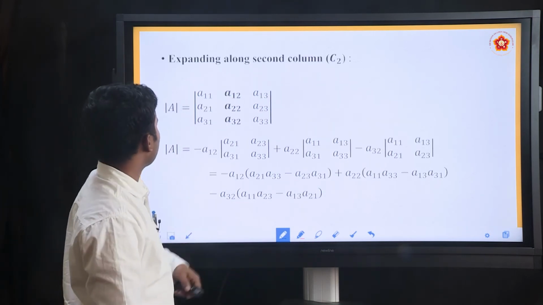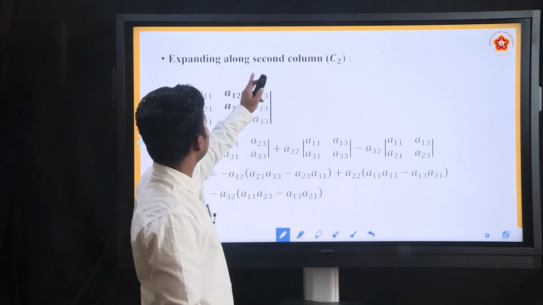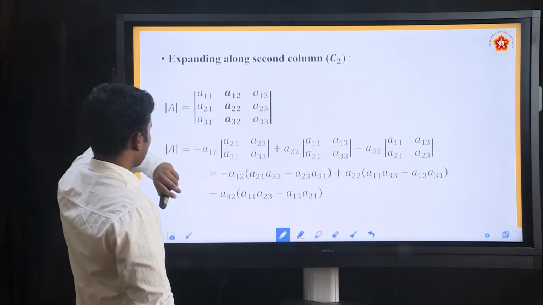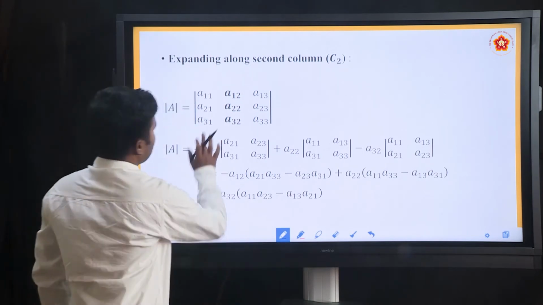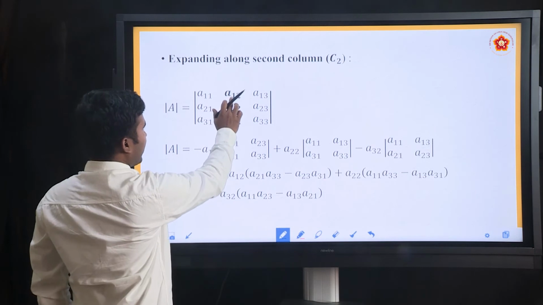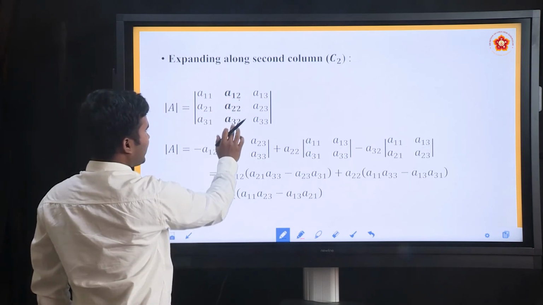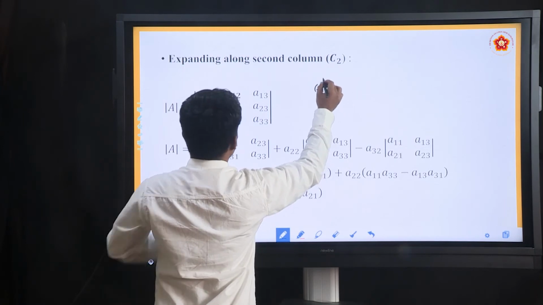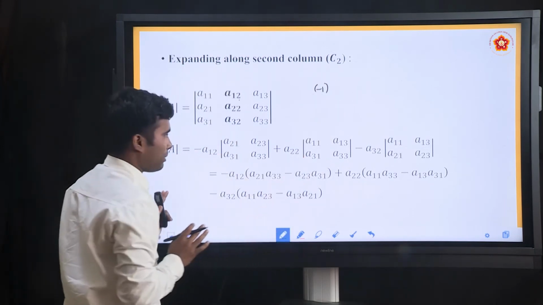See, now we have another thing, expanding the determinant along C2, that is column 2. The same thing we have done here, we have just multiplied A12, A22 and A32 with minus 1 to the power the sum of the suffixes of the respective elements over there.